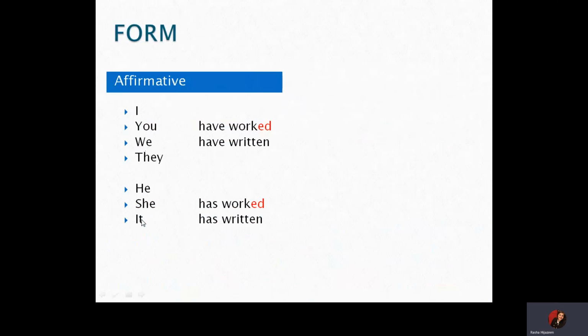He has worked. She has worked. It has eaten. She has written. He has worked or he has written. If you notice, we use with these pronouns has plus verb 3 or past participle. This is the affirmative sentence.